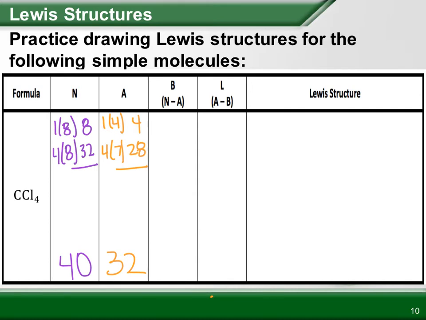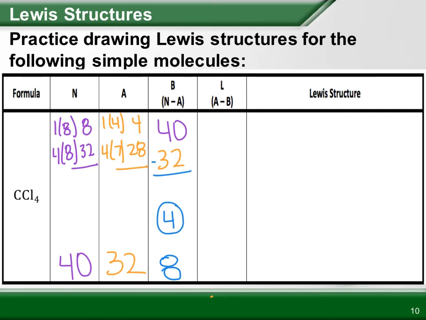When I look at B, I take the 40 for N, and I subtract from it the 32 for A, and that gives me 8. That is 8 electrons involved in bonds. I divide that number by 2 to get 4 bonds in my Lewis structure.